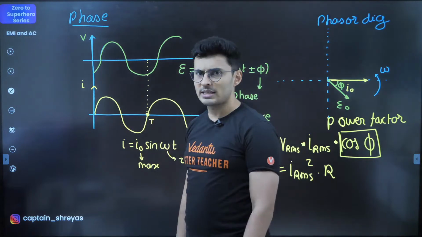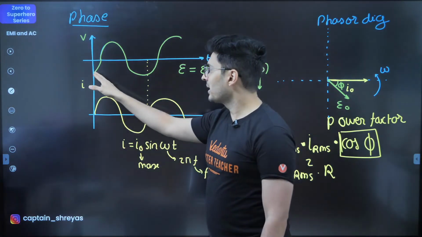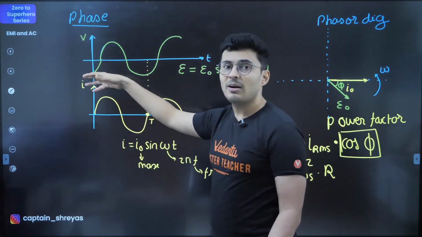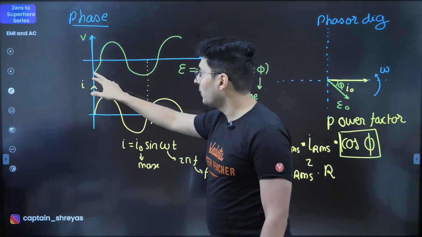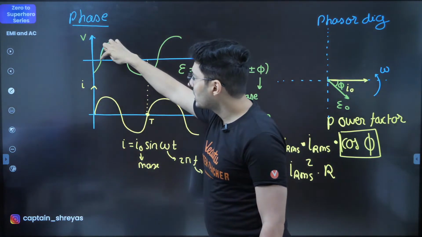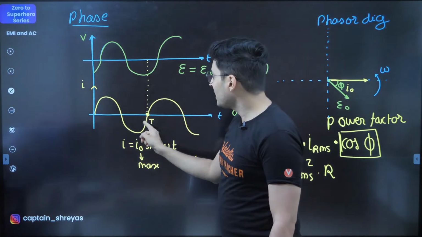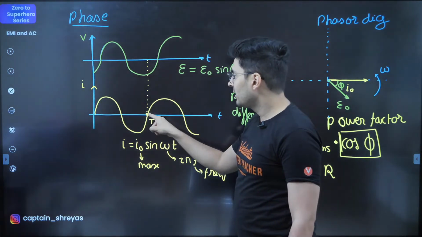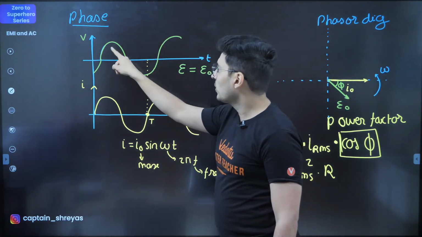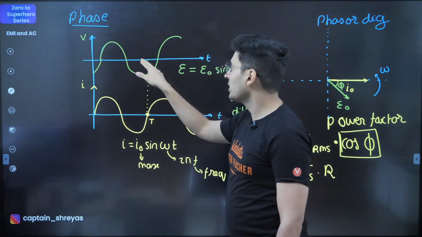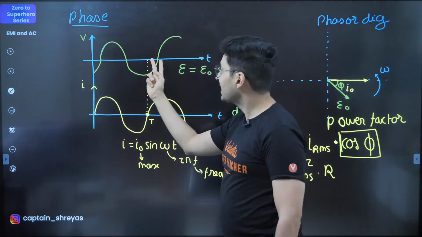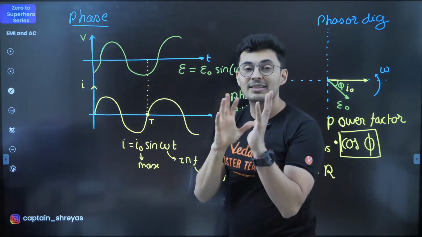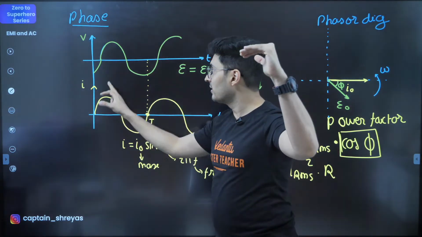Okay, look at the voltage graph. Voltage over here starts from some random value which is not 0, and then it comes to 0 after some point. You can see after one time period of the current, if you go up, one oscillation starting from here to here is not done, it has been shifted. So they are not in sync. When there is a crest over here, there is no crest.